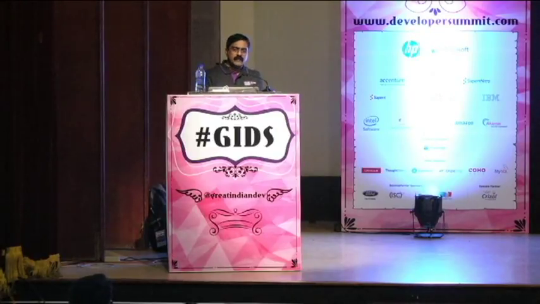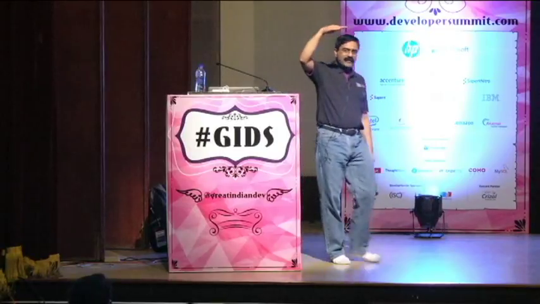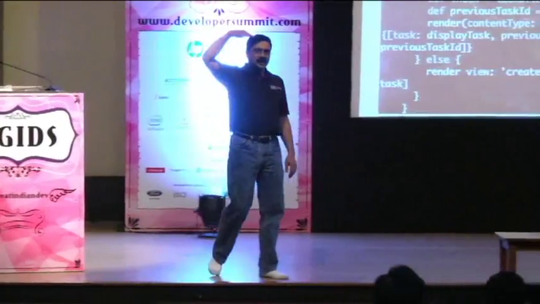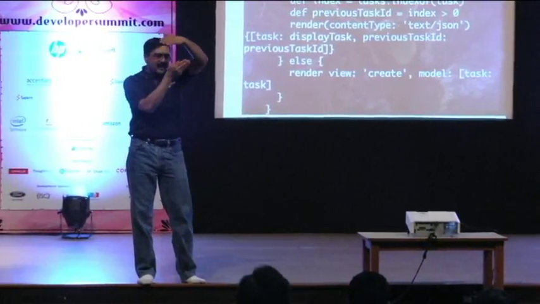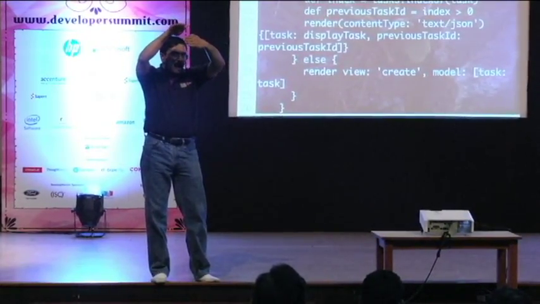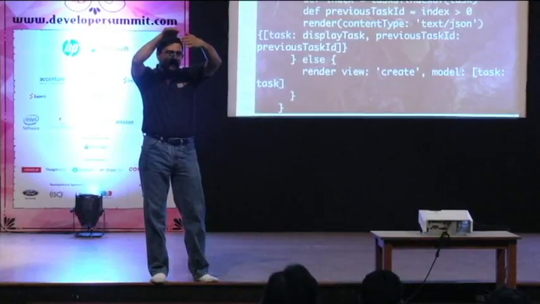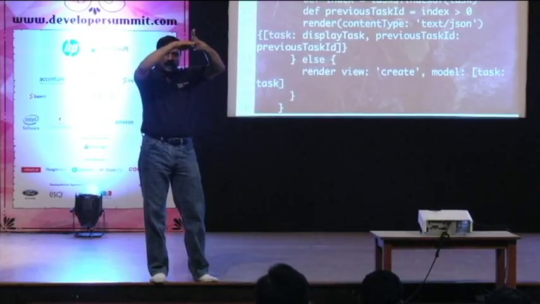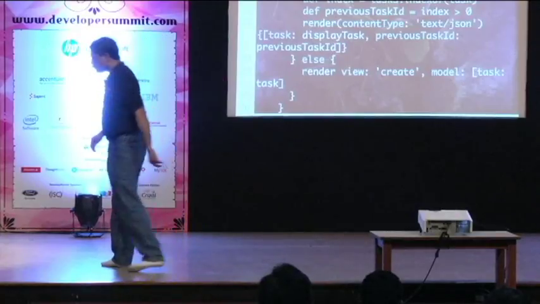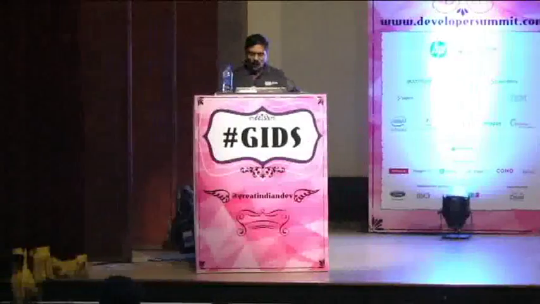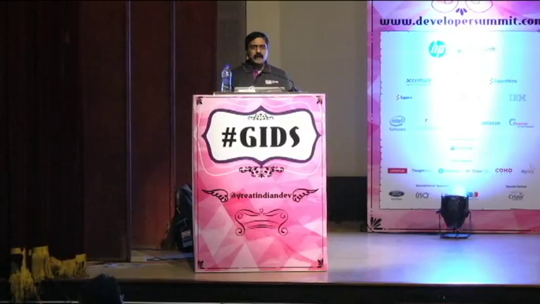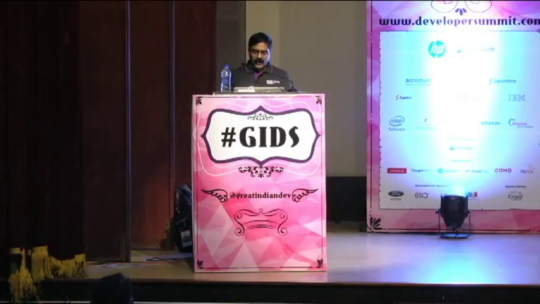So what does that mean? If the index is 0, that means that's the very first one, right? Which means you're not going to insert it after any of them. That's got to be the very first one. However, if the index is greater than 0, what does that mean? Oh, I've got one before it and I can insert it right after that. So if the index is greater than 0, then the previous task ID is tasks[index - 1].id, else I'm going to specify -1.